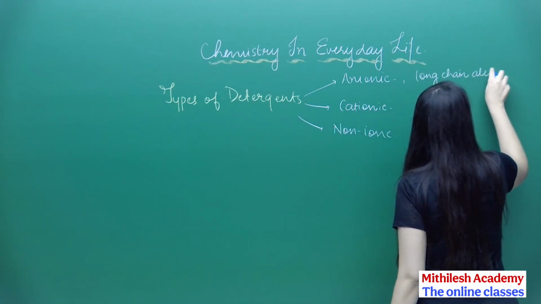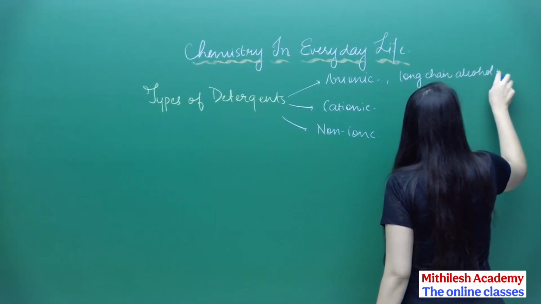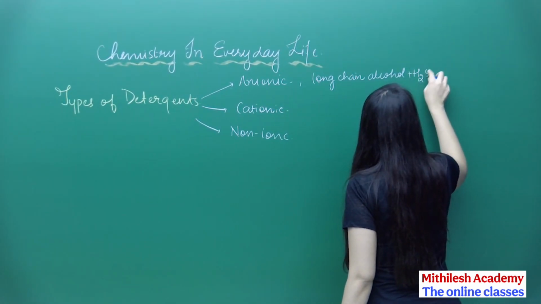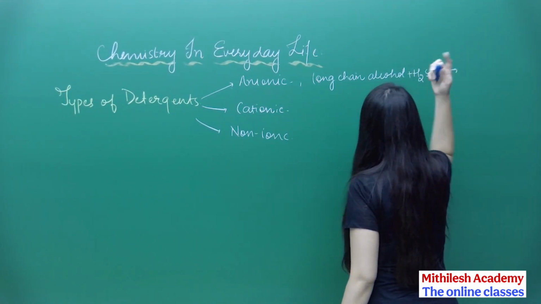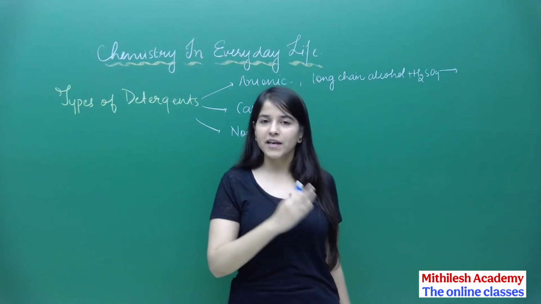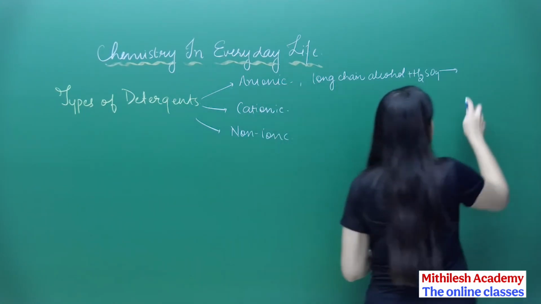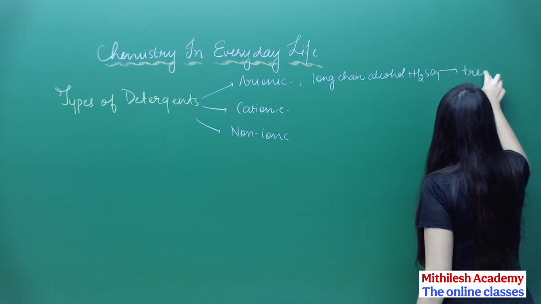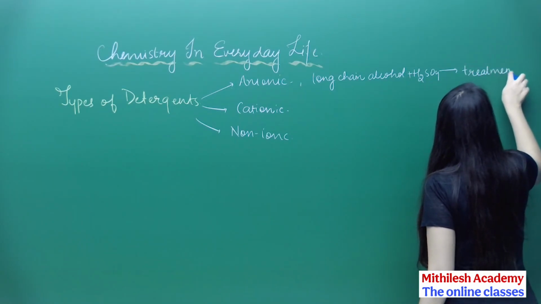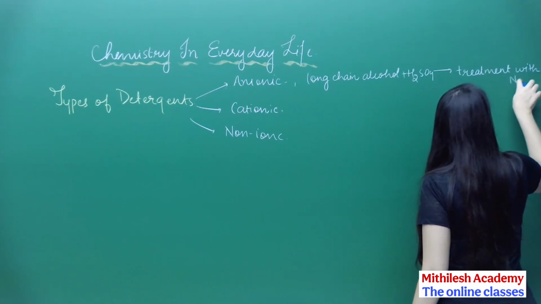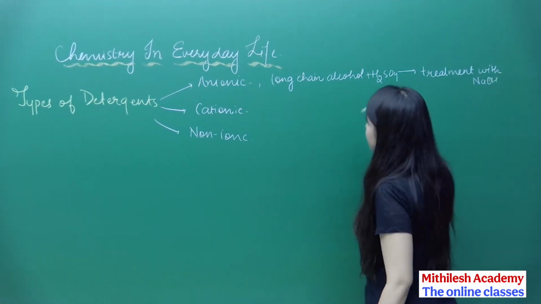We needed to sulfonate it first. After the sulfonation, we need to treat it with alkaline hydrolysis, that is treatment with NaOH. So that is what we have discussed in the last session. I hope you all remember that.